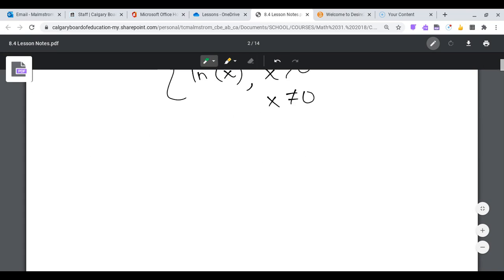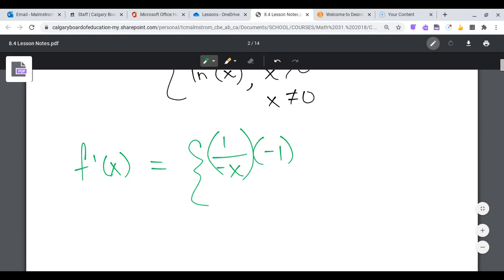Okay, so f prime of x is going to be, so what's the derivative of ln negative x? So it's 1 over the argument multiplied by the derivative of the argument for x less than 0. And then ln x's derivative is just 1 on x for x greater than 0.